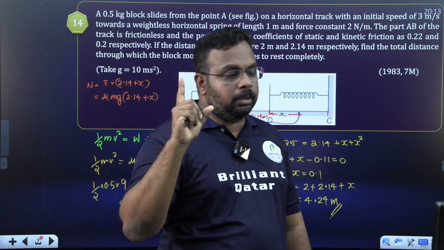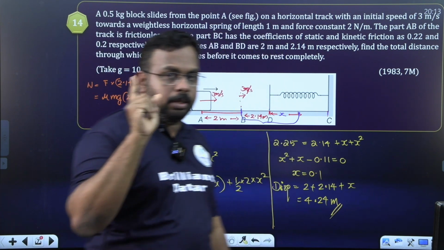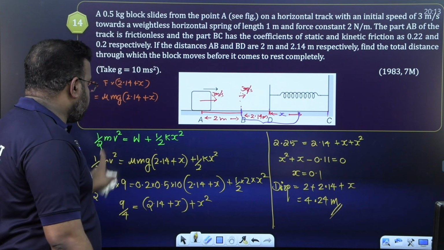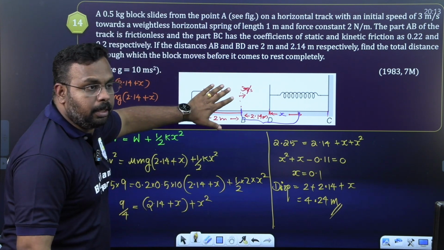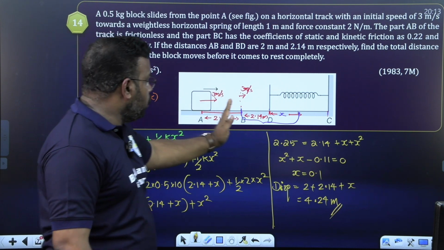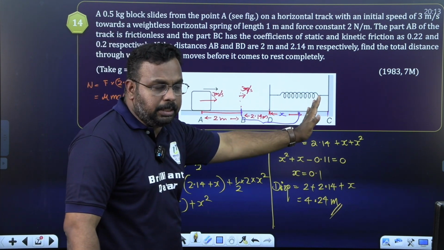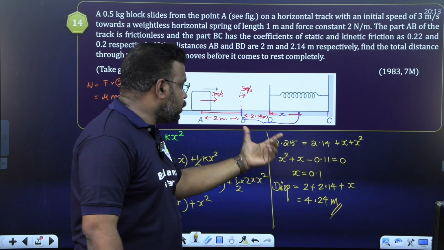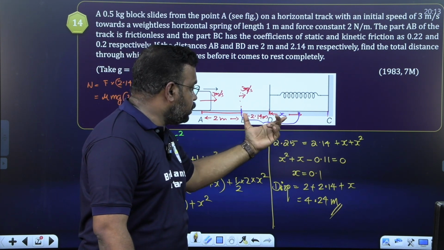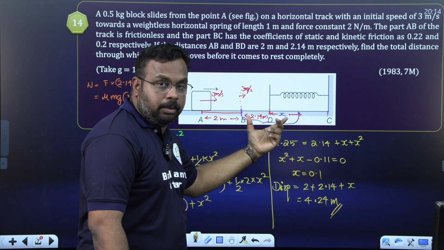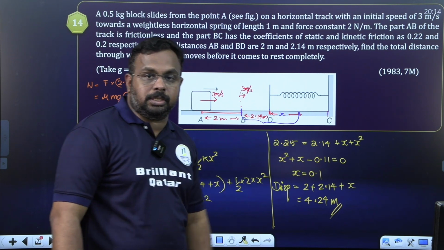Yes, but any doubt you have? Anybody? Concept is same as the previous question. We are equating initial kinetic energy of the body, which is equal to work done against friction plus the energy of the spring. But the only additional thing you have to notice, the displacement by friction, because the spring is compressed means you have to take that distance also into consideration.